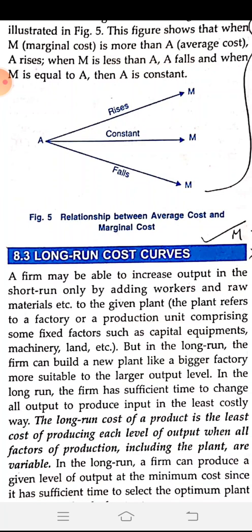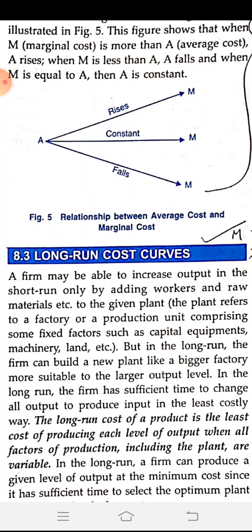When M is less than A, you can see A falls. A is coming downward. When M is equal to A, the straight line, then A is constant.